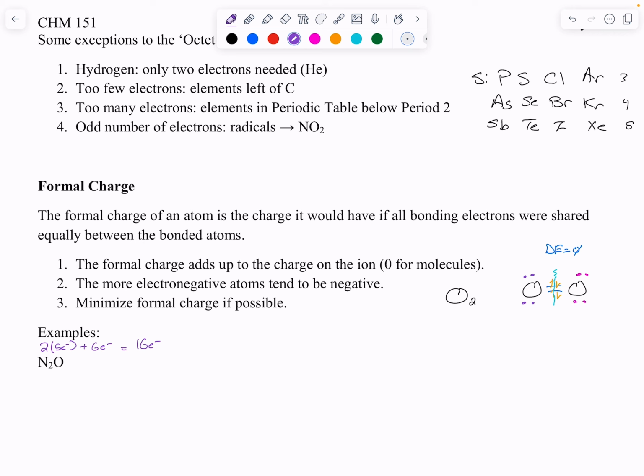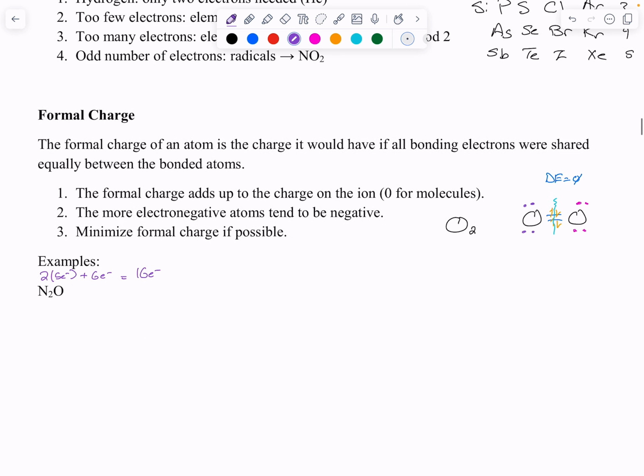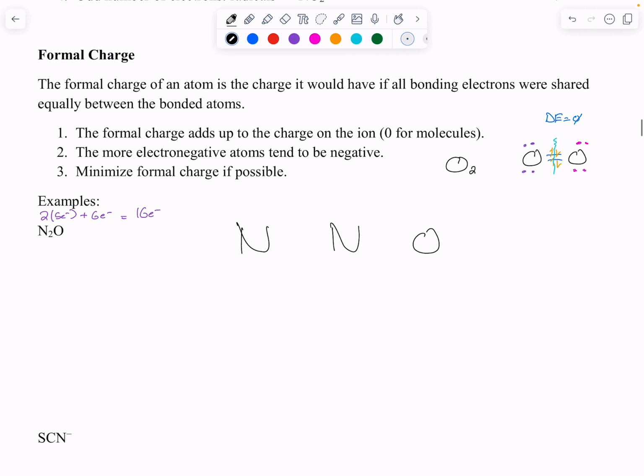Well, who's written first? Nitrogen, and nitrogen's less electronegative than oxygen. So we're going to go with it. N, N, O. I've had many students put O in the middle. Well, what happens if you put O in the middle? We'll do that right here on the side before we do SCN.